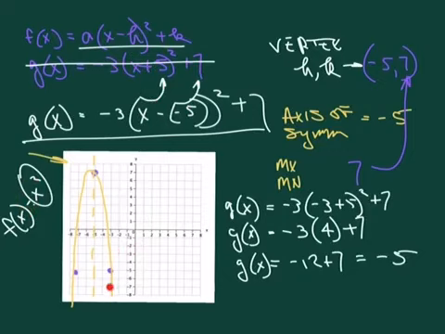So it went from this basic place here, flipped upside down because of the negative, moved over negative 5, moved up a positive 7, and is narrower because of the negative 3. Okay, so that's what happens: it shifted, moved up, and reflected across the x-axis and gave us that.